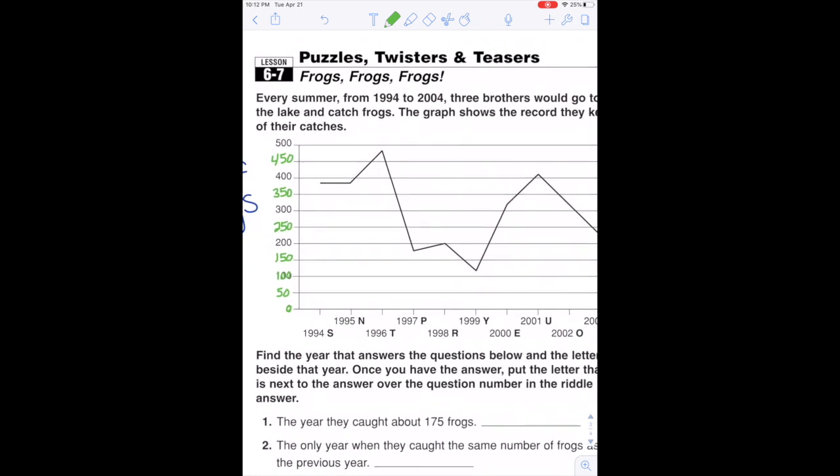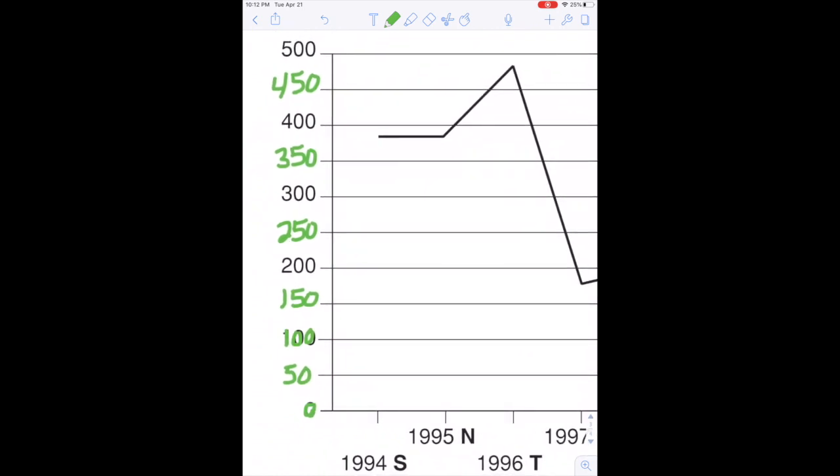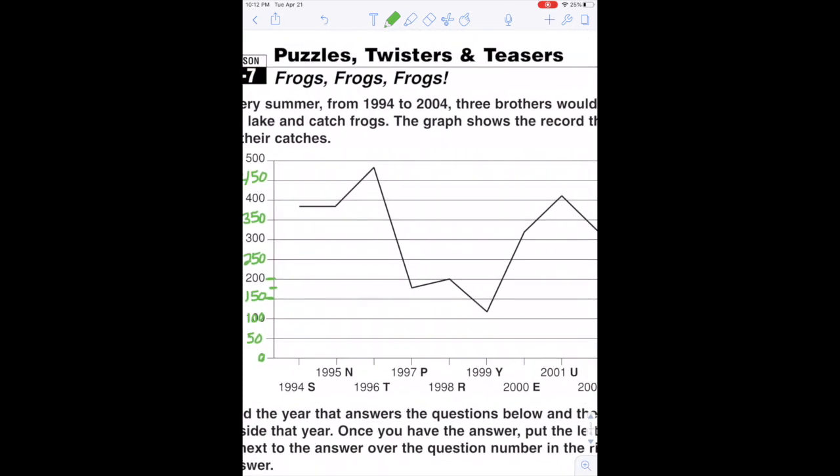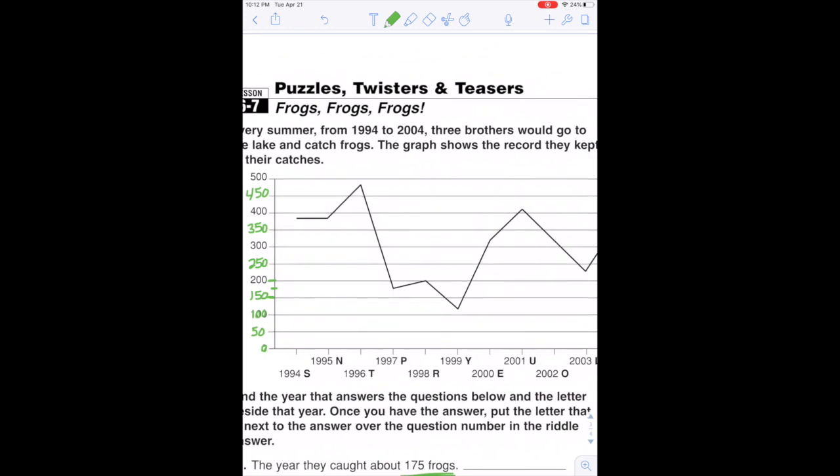So again, number 1 wants to know the year they caught about 175 frogs. We don't know the year, we only know the number of frogs. So on this axis, we're going to try to find where 175 is. I would say it's more than 150, less than 200, so right in the middle here. We're going to draw a line straight across and try to see if there's any spot that falls on our line.